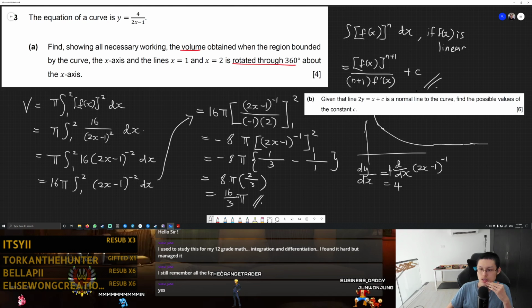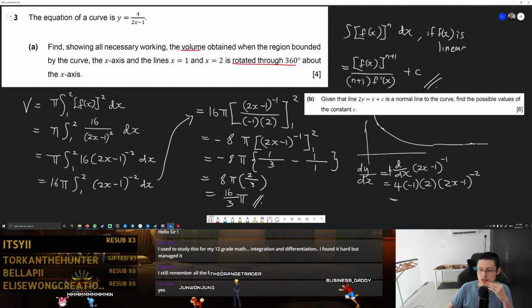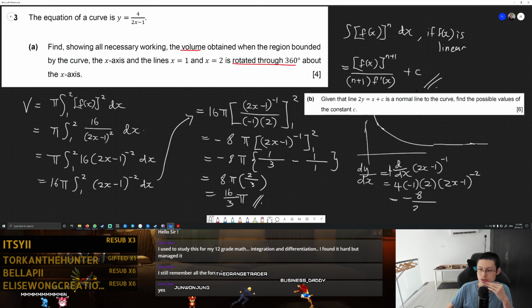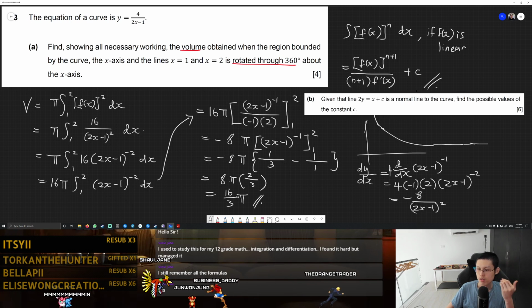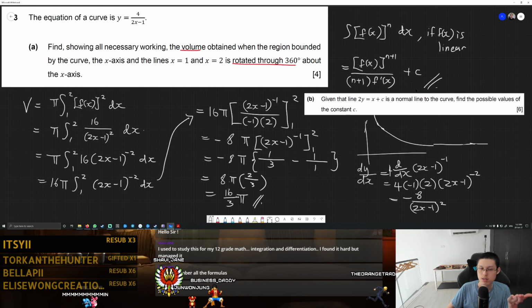So when you differentiate this, you would get minus 1 here. Differentiate whatever's inside, you get a 2, and then you reduce the power by 1. So you end up with negative 8 over (2x minus 1) squared. So depending on which value of x you've chosen, you would have a different gradient for the function.